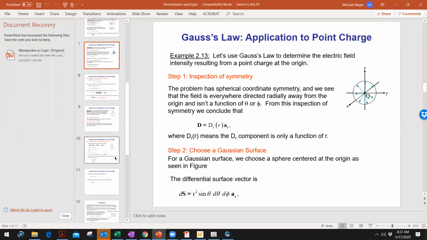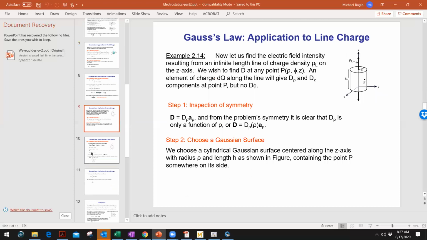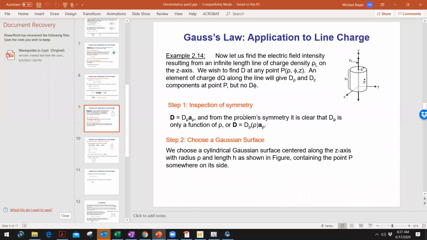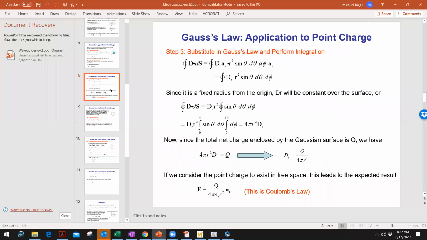Remember, Gauss's law says the integral of D dot ds is the charge inside. Does everybody understand that? Can you all hear me? So the integral of D, the electric flux over any region right here, is the charge inside.